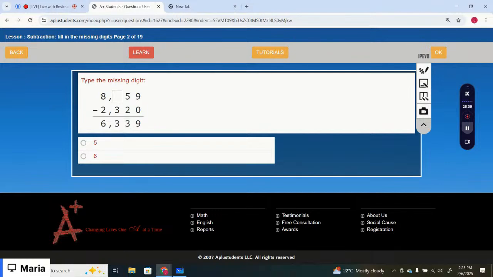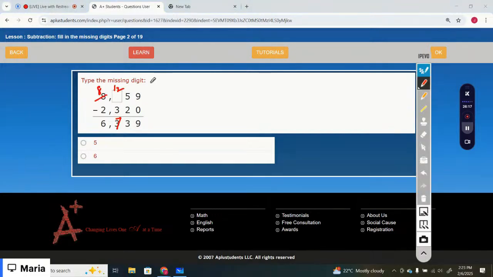Type the missing digit. So 9 take away 0 is 9. 5 take away 0 is 3. Now you have to find the missing number. Just look at the next. 8 take away 2 is 6. So you need to find a number that when subtracted from 3, the answer is 3.